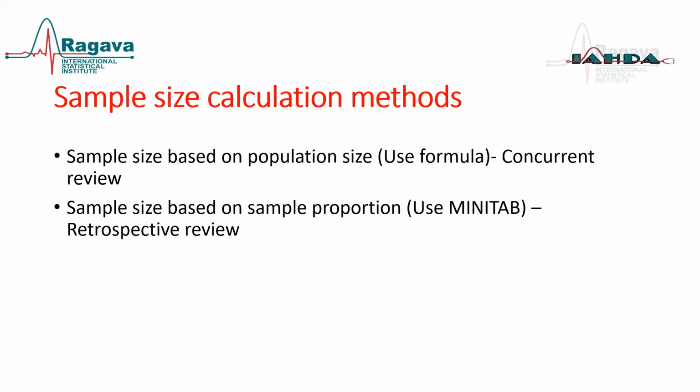There is a formula in statistics, and we'll see what that formula is. But if you are going to calculate sample size for retrospective review, after discharge, we can use Minitab. There is an option and provision in Minitab for the calculation of sample size. So this we need to be clear. Sample size for concurrent review, there is a formula. Sample size for retrospective review, we can use Minitab.